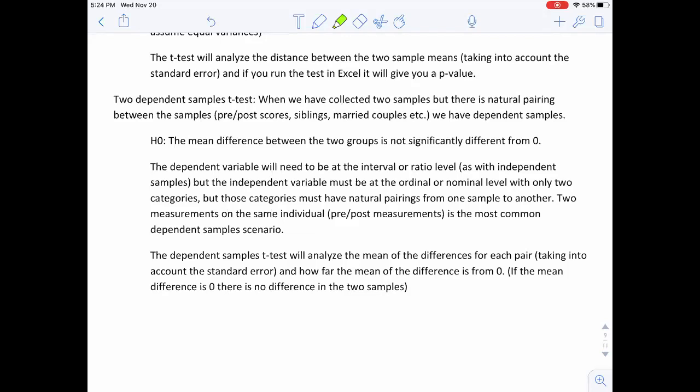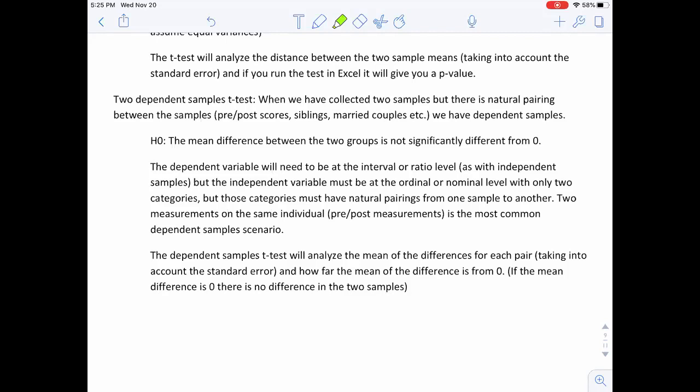And our null hypothesis changes a little bit, because we have to take into account the pairing. So now we're talking about the mean difference between these two groups is not significantly different from 0. It's not going to come up, so don't worry too much about it; it's here for completeness.